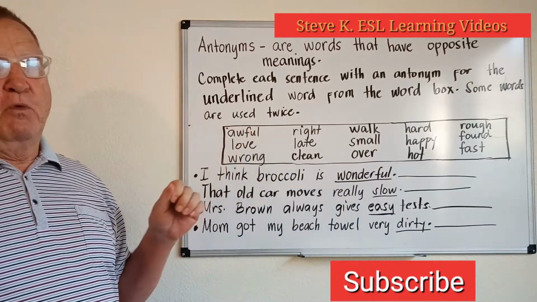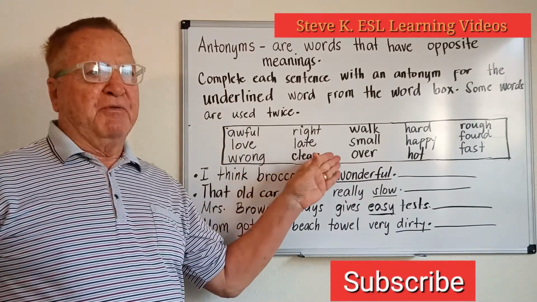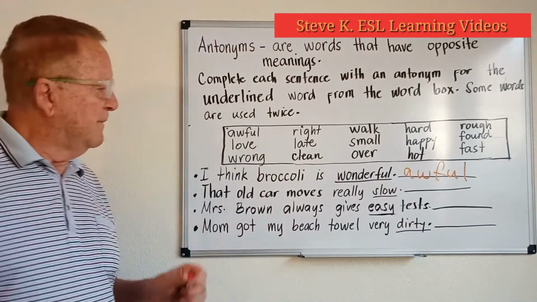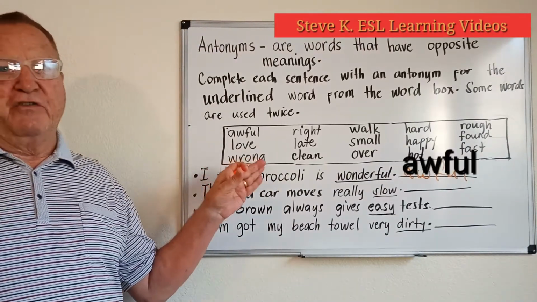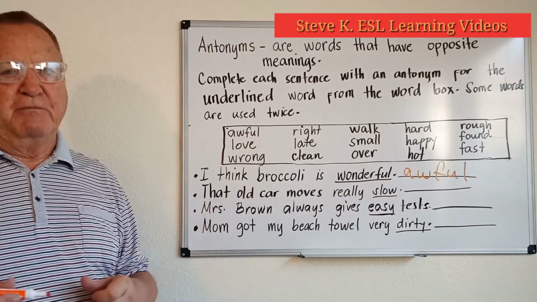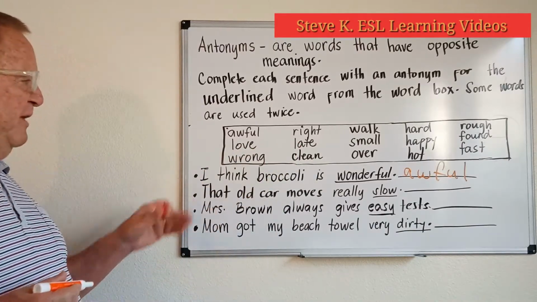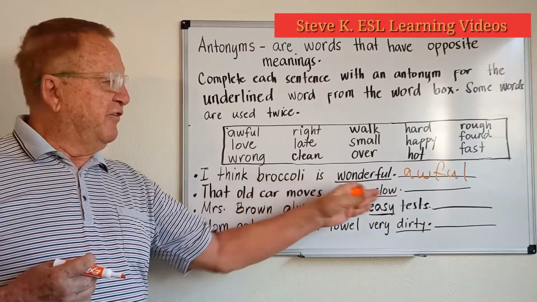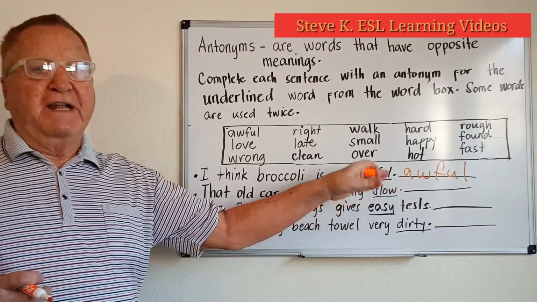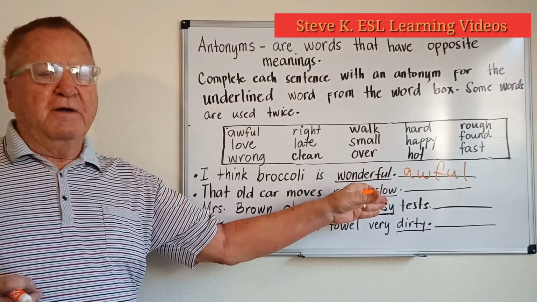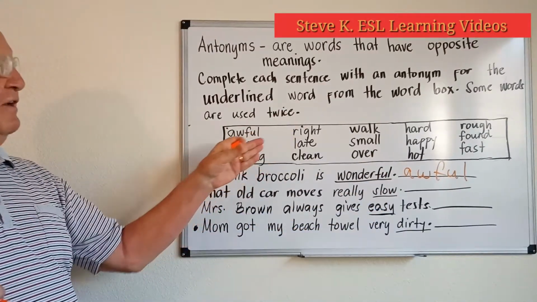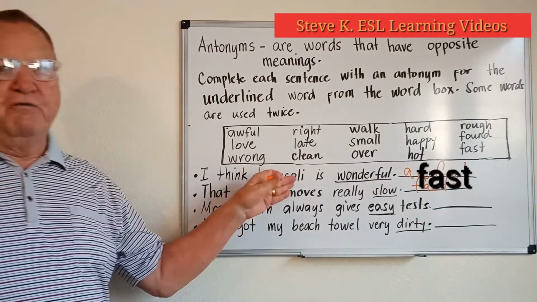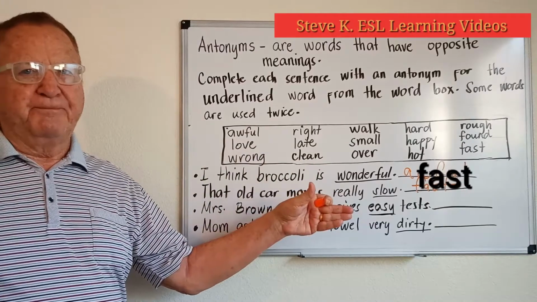So what word from the word box is the opposite of wonderful? Okay. I think broccoli is awful would be the antonym sentence. Okay? And the next one, that old car moves really slow. The underlying word is slow. So what is the opposite in the word box for the word slow? The old car moves really fast.